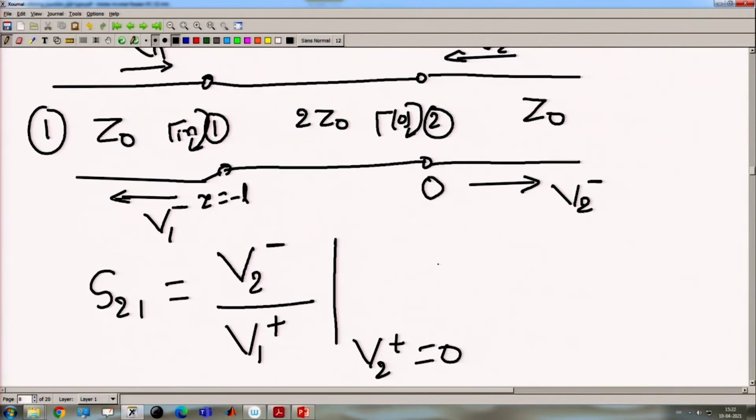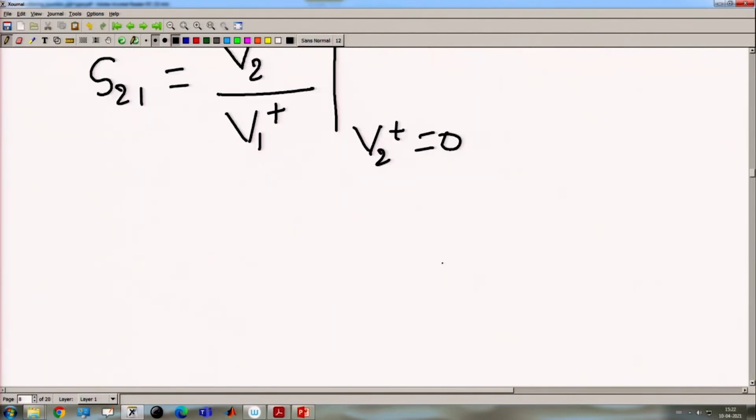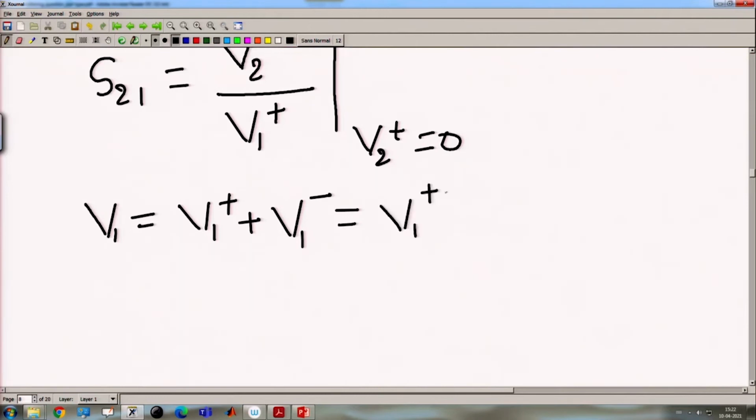At port 1 we can define V 1 equal to V 1 plus plus V 1 minus, and at port 1 the reflection is gamma in. So we can write V 1 minus equal to gamma in into V 1 plus, and taking V 1 plus common, we get 1 plus gamma in.